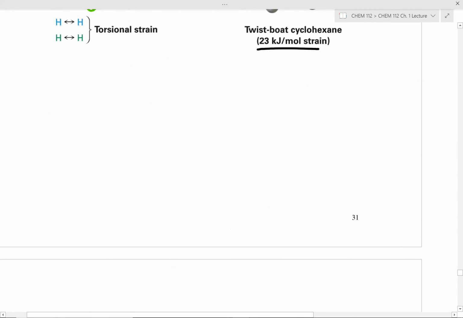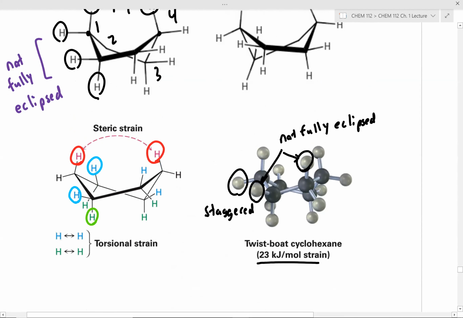Now, continuing on from our twist boat conformation, so just to label our carbons once again, 1, 2, 3, 4, 5, 6. Our end goal is for carbon number 1 to be brought down.